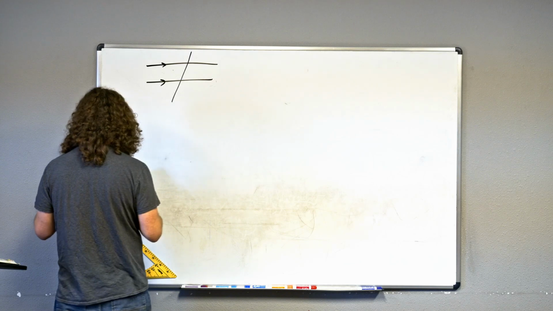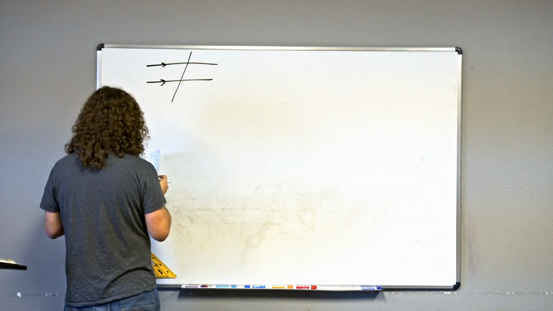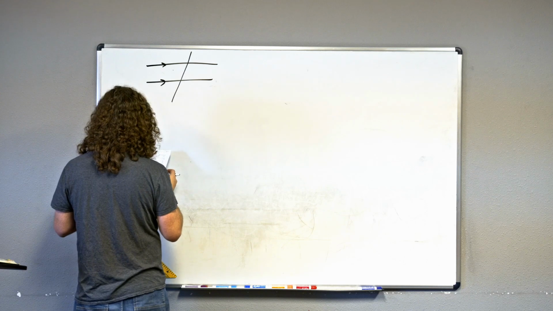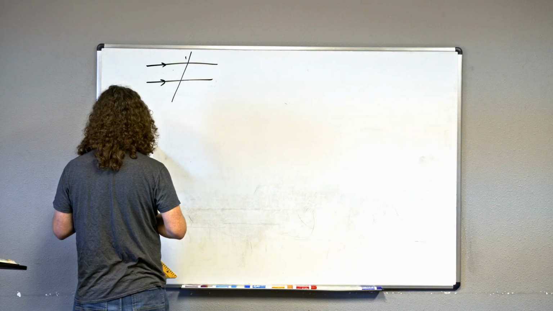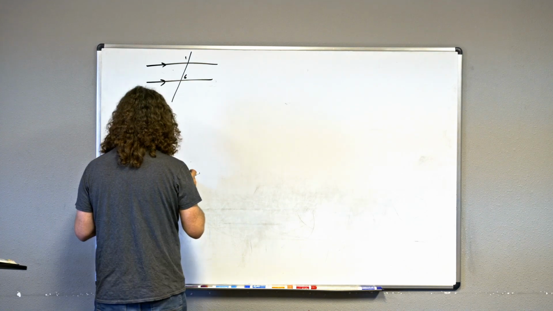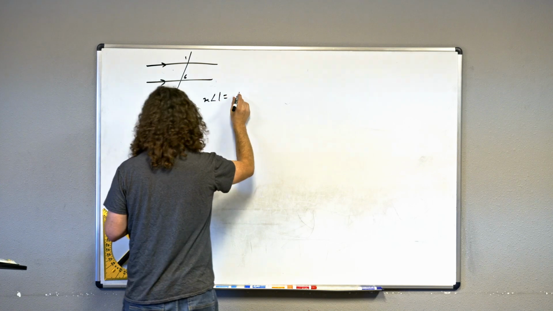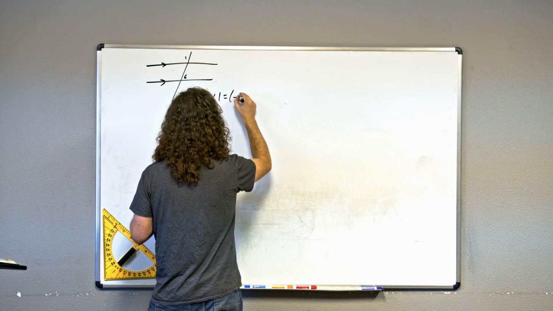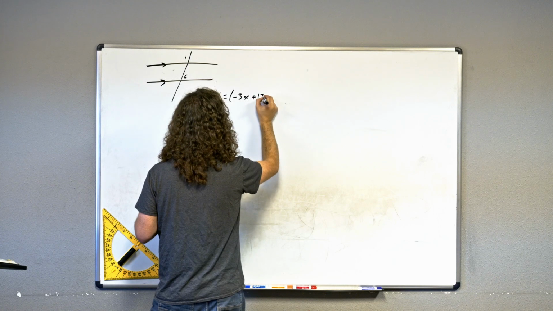And on 14, we're interested in angle 1, which is right here, and angle 6, which is right there. We're supposed to solve for x when the measure of angle 1 equals negative 3x plus 173.